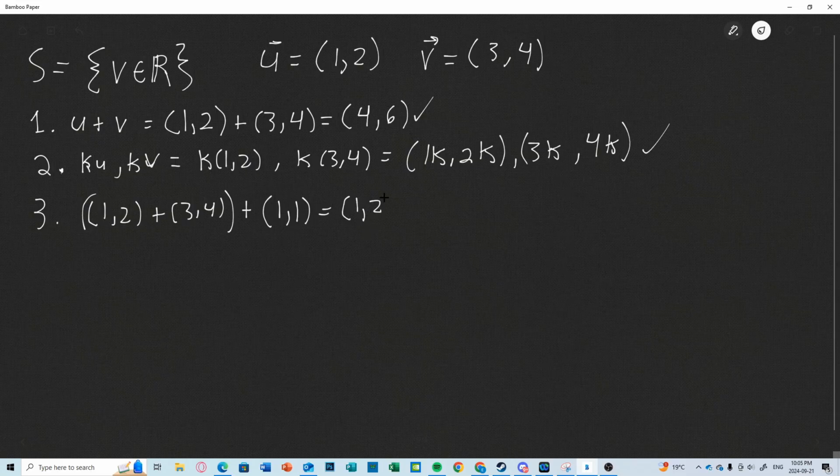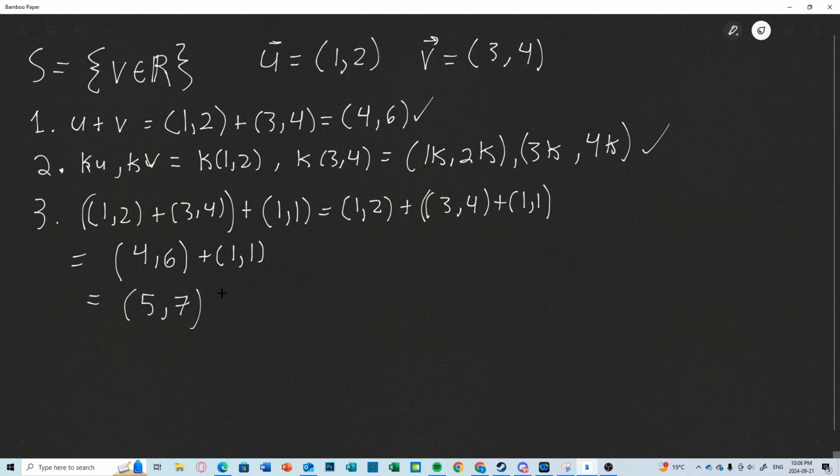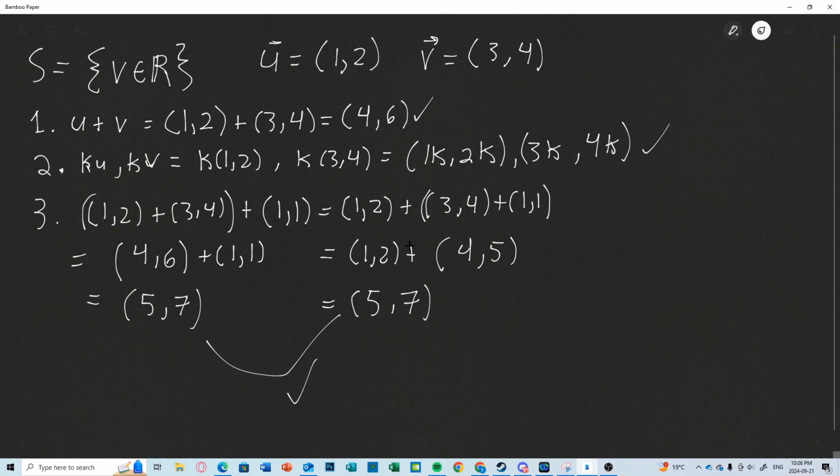The left side gives us the same addition as before, (4, 6), plus (1, 1), which gives us (5, 7). Then the right side gives us (1, 2) plus (4, 5), which gives us (5, 7), meaning this axiom is also satisfied.